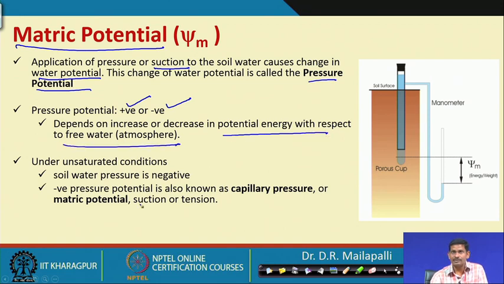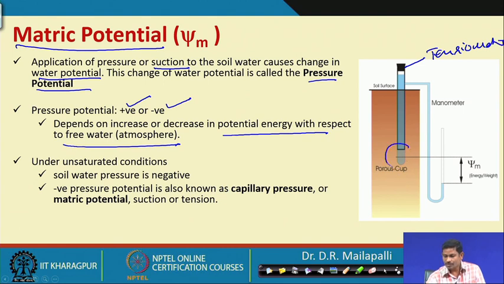Generally, if you are talking about the metric potential, the atmosphere is 0, I mean the water table level is 0, and when you go up, that means when the water is depleting from the soil and negative pressure is going to be created. For example, this is called a tensiometer, which is installed in the soil.